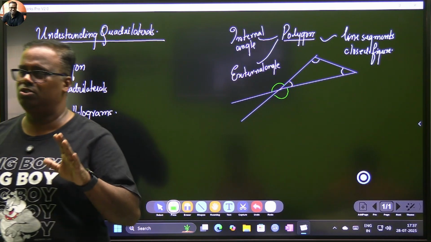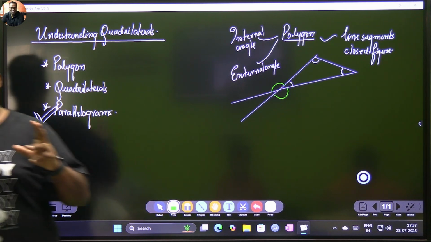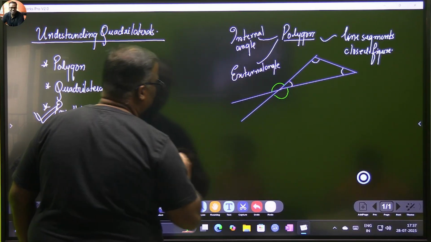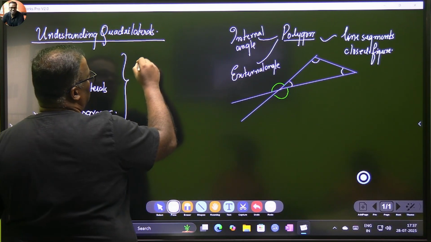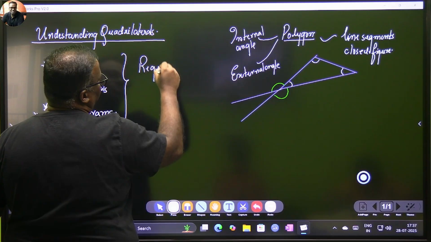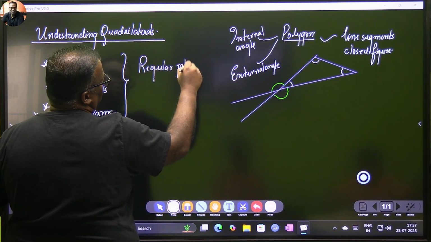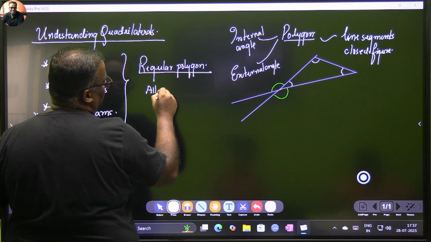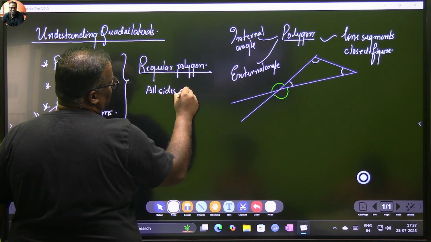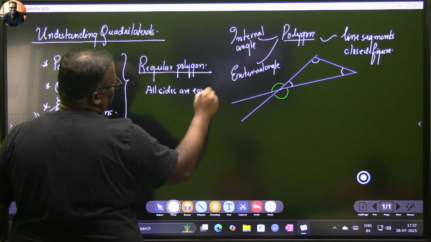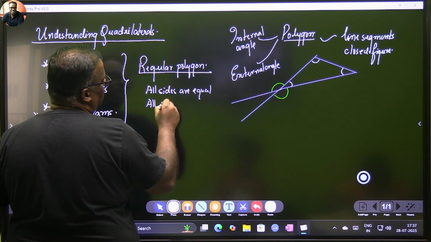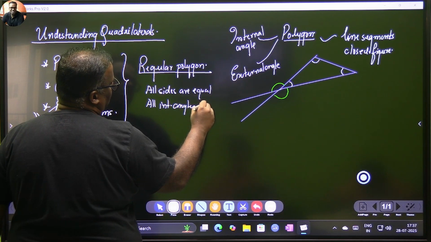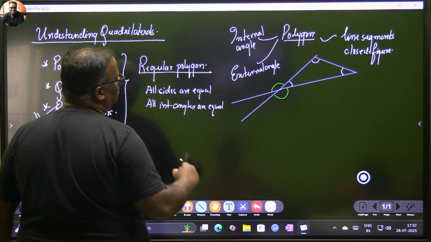Now, there are 2 types of polygon, concave polygon and convex polygon. For us, more important to know is what is a regular polygon and what is an irregular polygon, because once it becomes regular, then a lot of interesting observations come. So let's understand what is a regular polygon. In a regular polygon, all sides are equal, and similarly all internal angles will also be equal, and so will be all external angles.